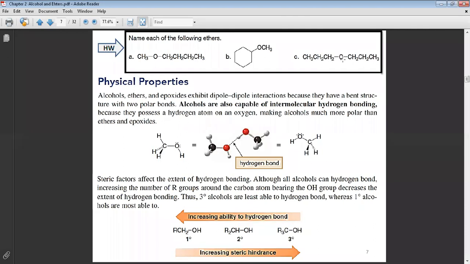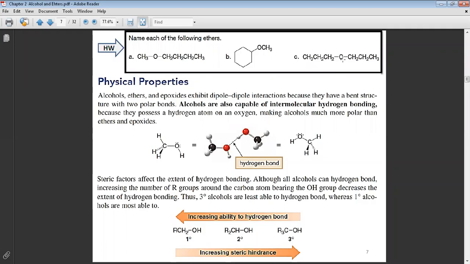Now the physical properties for alcohols and ethers. Now alcohols, ethers and epoxides. Epoxide is a cyclic ether compound, but we don't take it here. We just take the alcohol and ether, which show dipole interaction.